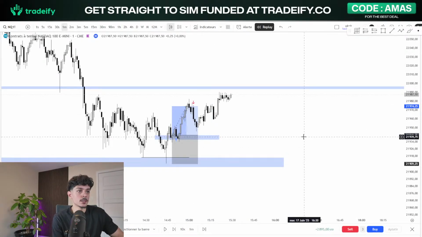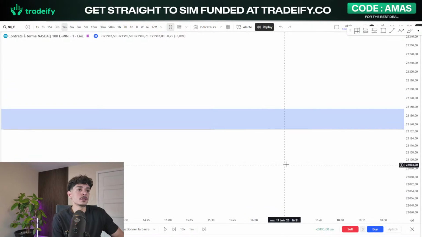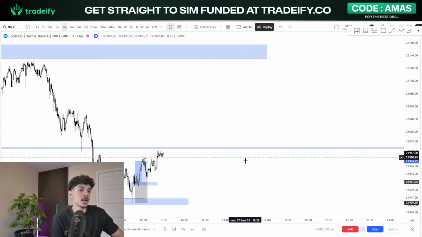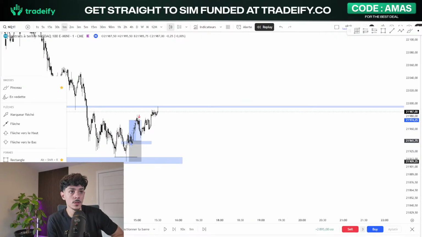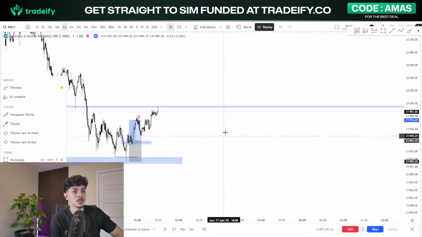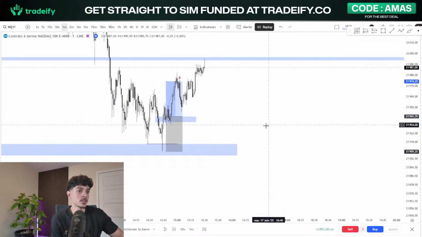The bigger the gap, the more you can trust it. That's one thing super important. If the gap is big and it has a clear swing high, swing low, I'll trust it a little bit more than a super small gap with bad structure. Right here was perfect structure again.